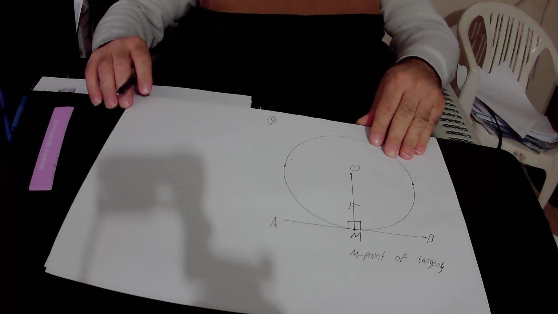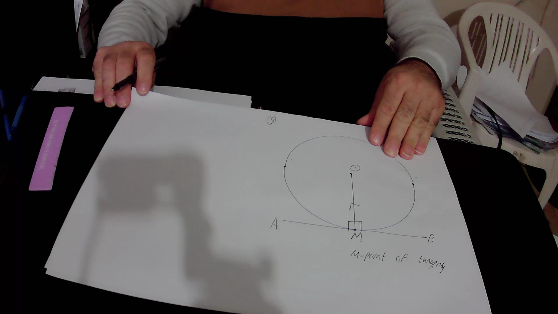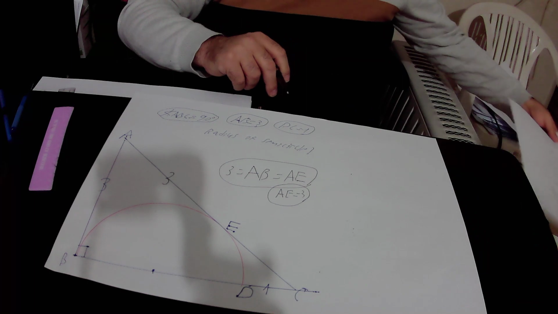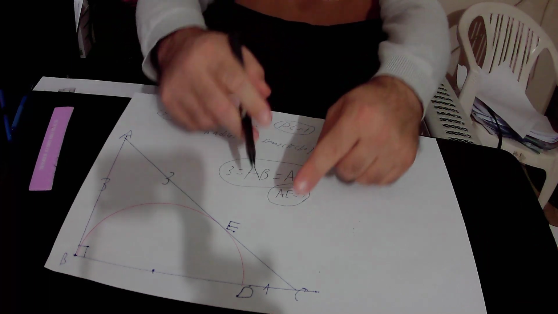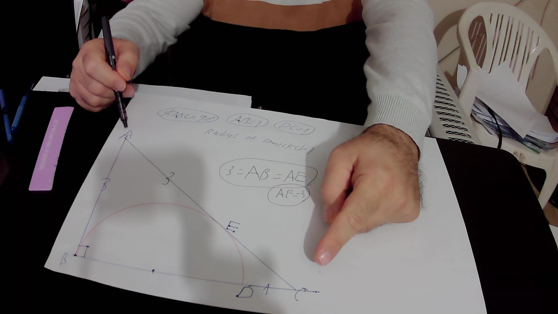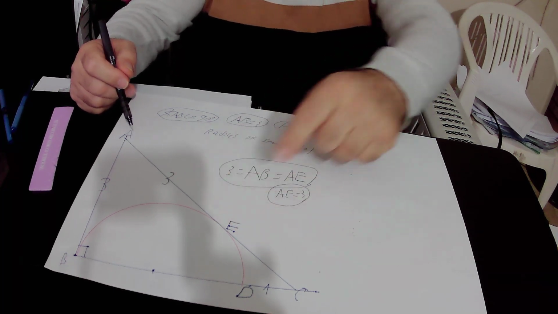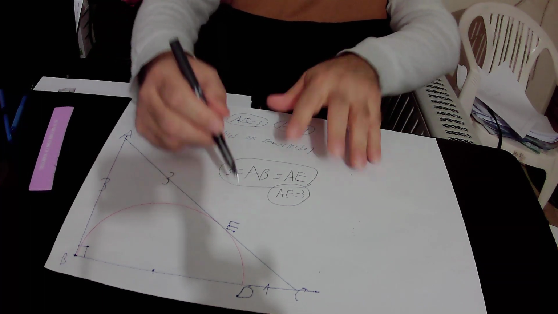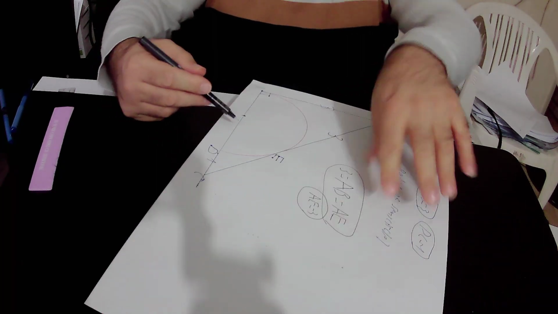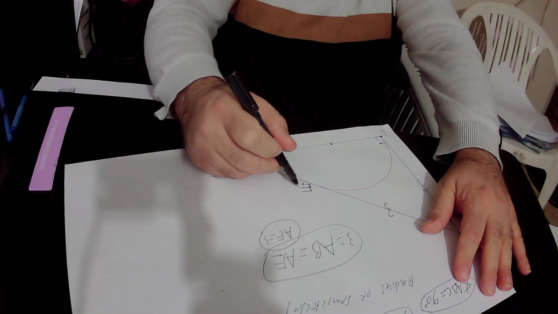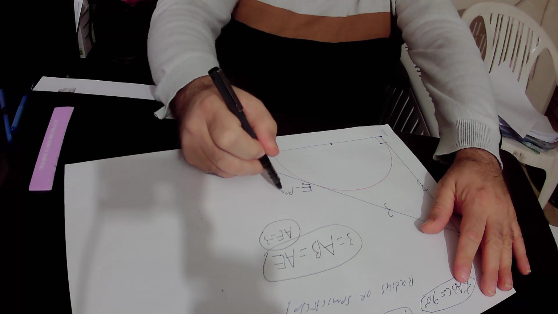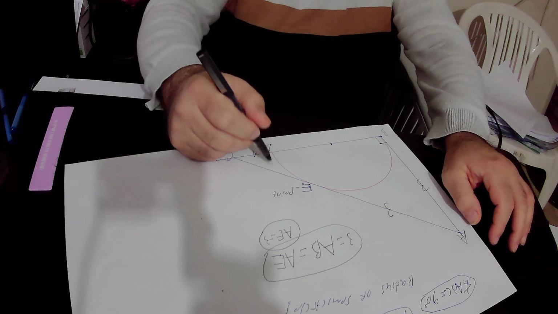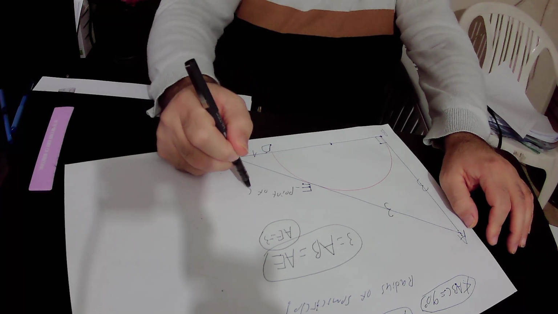So we can actually implement rule number 2 in our drawing, because in our drawing we have the tangent AC that is tangent to this red semicircle at point E. Actually, point E is the point of tangency of tangent AC with this red semicircle.